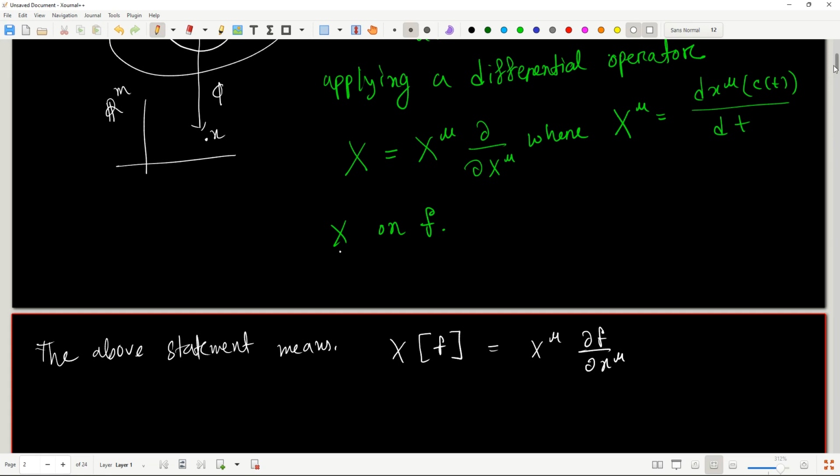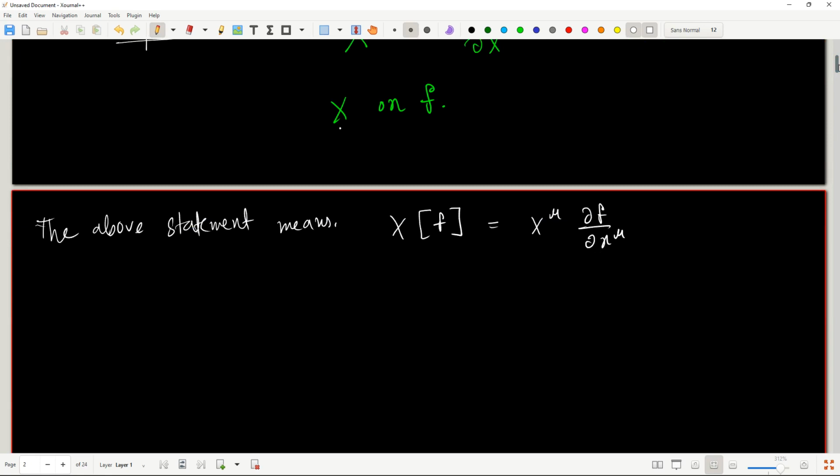And now let's see what happens if I take a very simple function. Let's say I want to apply this differential operator to a coordinate function. That means I want to apply this to phi of c of t. I'm parameterizing the coordinate functions, but they just give me the local coordinates, right? So if I want to apply this on phi, this is just X mu del x mu.